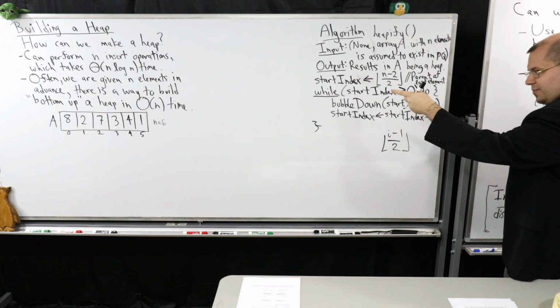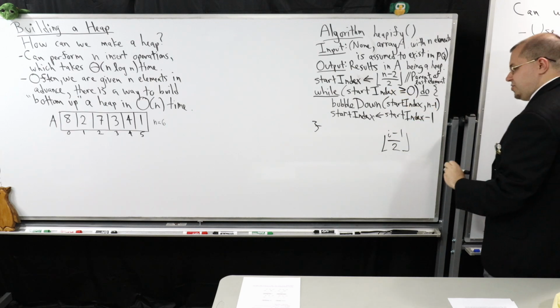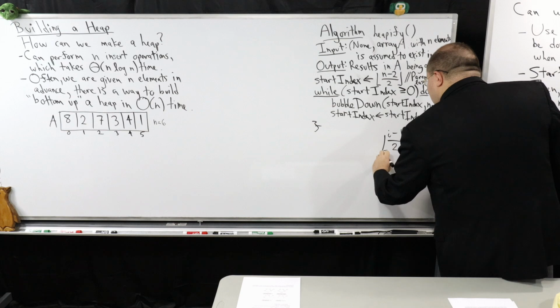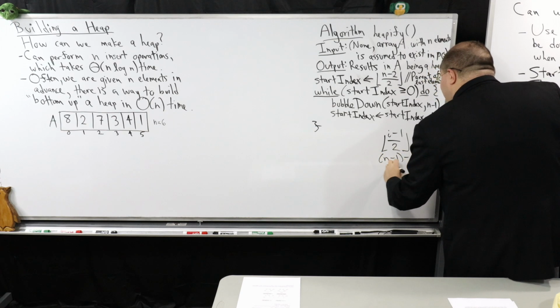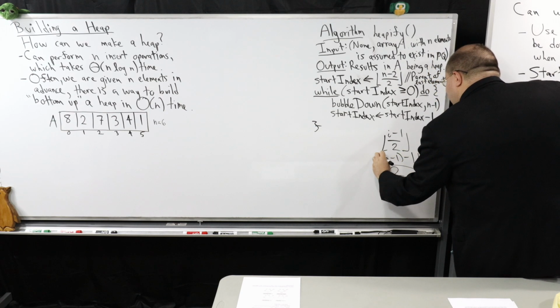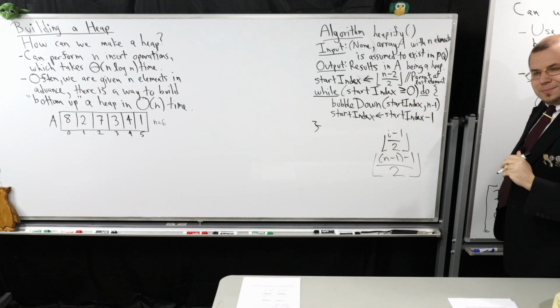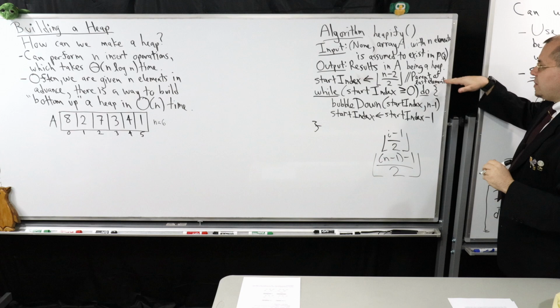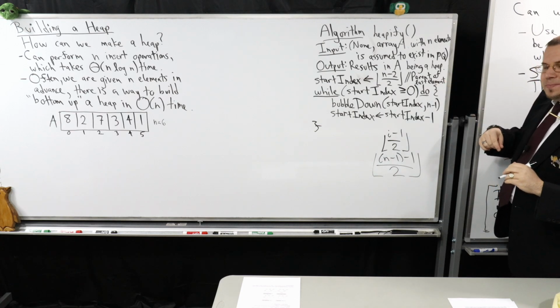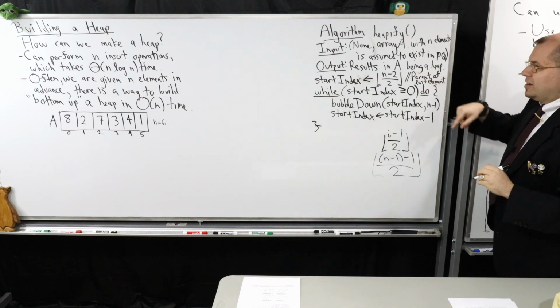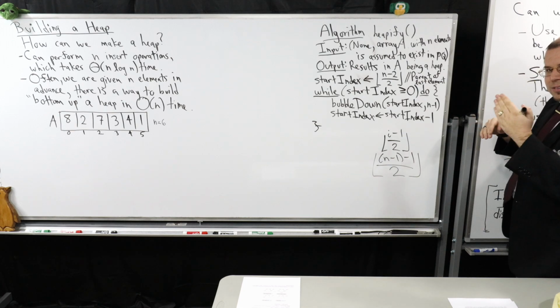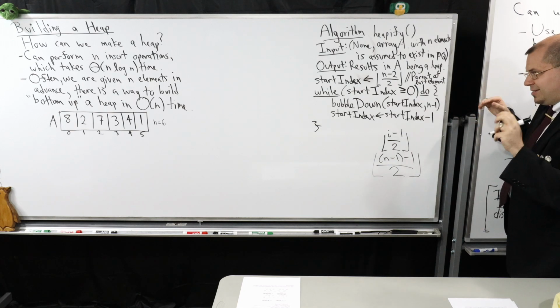If I'm at the end of the array, that position is n − 1, so instead of i it's (n − 1 − 1)/2, which simplifies to (n − 2)/2 rounded down. So this is the position of the parent of the last element, and that's where we're going to start this so-called heapify process.